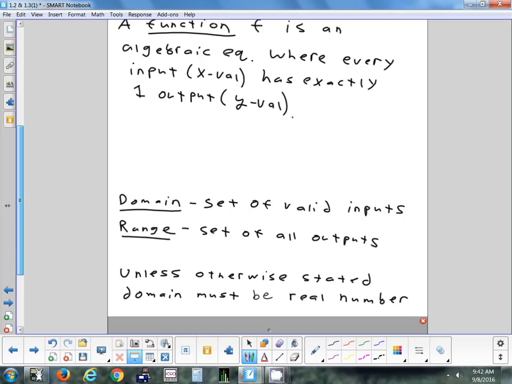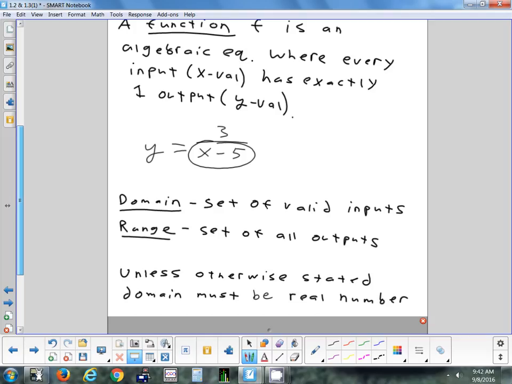So if I gave you an equation like this, and I said to you, I want to know every number that I'm allowed to plug in for x. Well, you can basically plug in whatever you want. There's only one thing you're not allowed to do with division, and that's divide by 0. So what is the only number I could not use for x? 5.